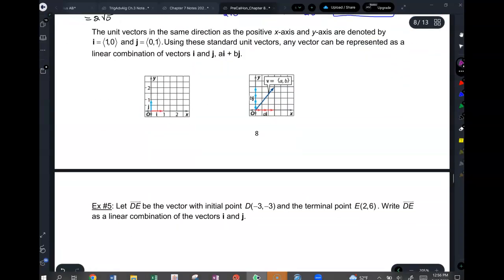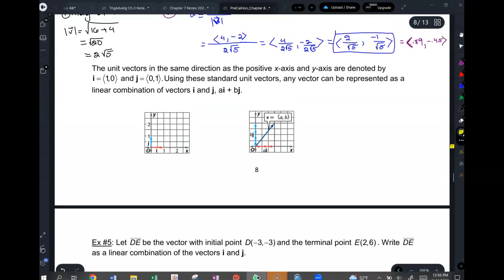Now, unit vectors can point in any direction. However, there is a special set of unit vectors that lie on the positive x-axis and the y-axis. Those special unit vectors, like this red one here and this blue one, have special names.